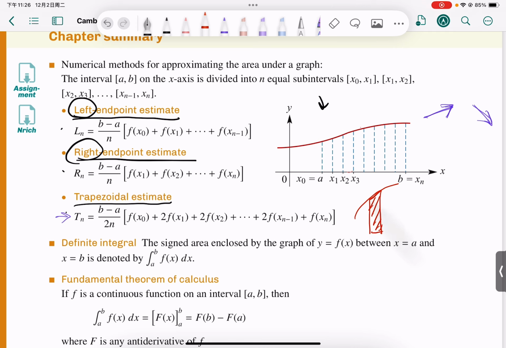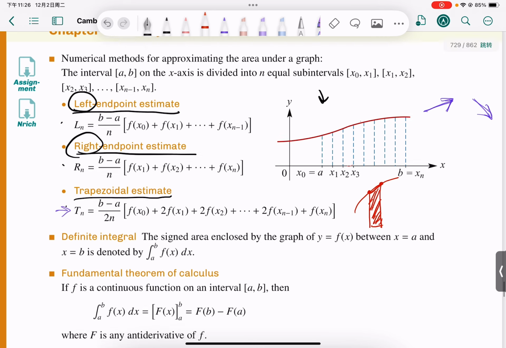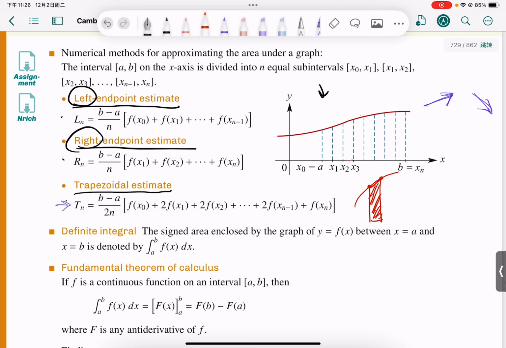So you take the left point and the right point, and draw a line between them. And this shape estimates another area under the curve, and this type of estimate is closer to the actual area under the curve.